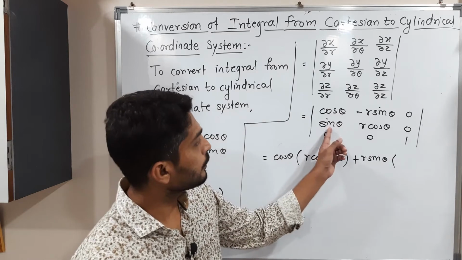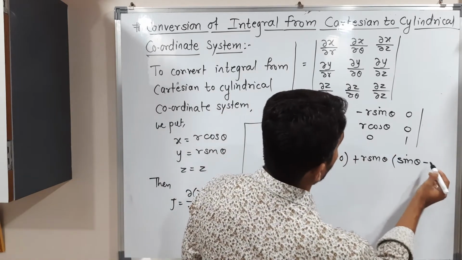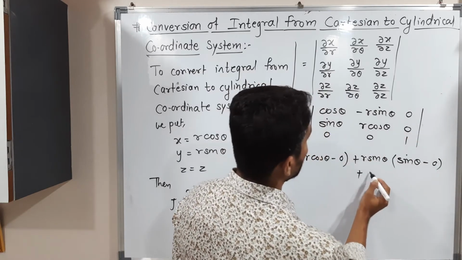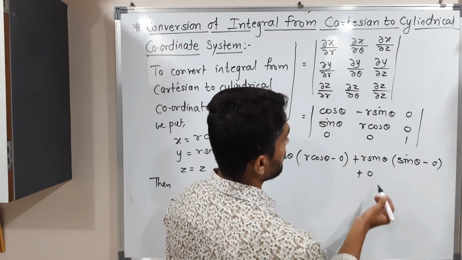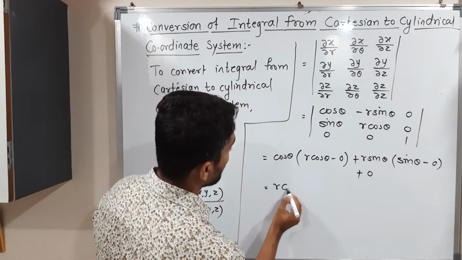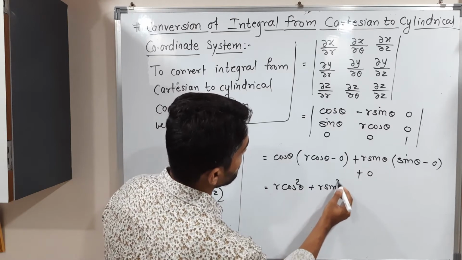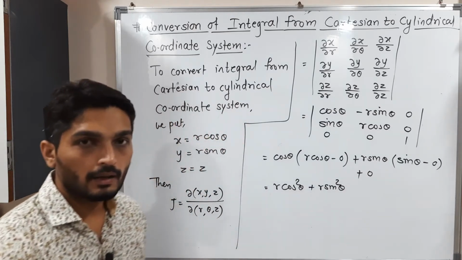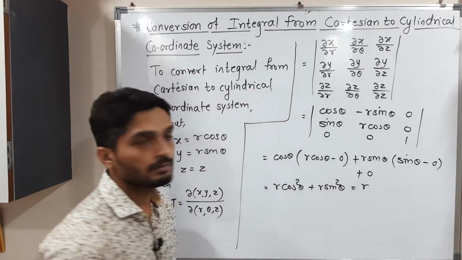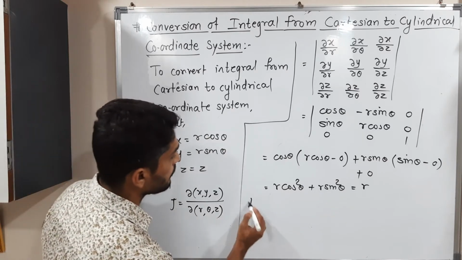Now we take the product of sin theta and 1, sin theta, minus 0 into 0, 0, plus 0 into whatever we have, obviously it is 0. So this is r cos square theta plus r sin square theta. If I take r common, we will have cos square plus sin square, 1. So therefore we will have r only. So Jacobian is r.